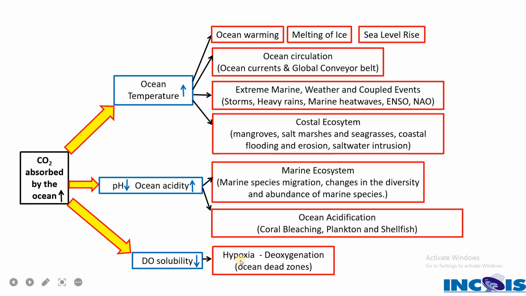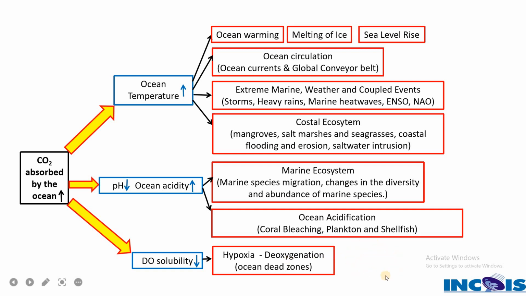And the last one is dissolved oxygen solubility. That means when the seawater is unable to dissolve as much oxygen, when there is a reduction in the solubility of dissolved oxygen in seawater, obviously you will see less dissolved oxygen in the seawater.